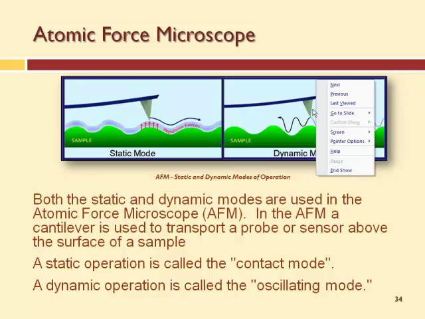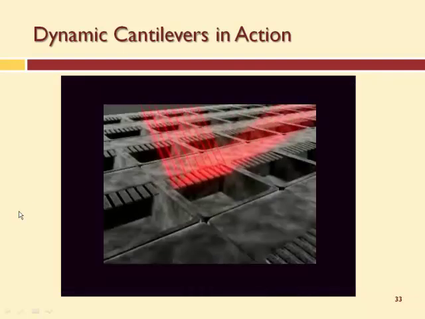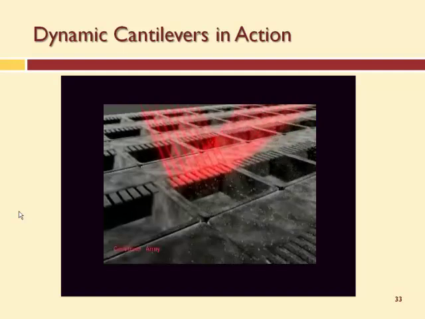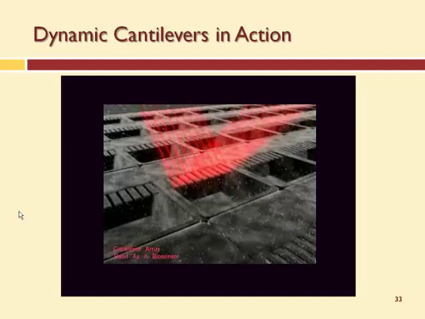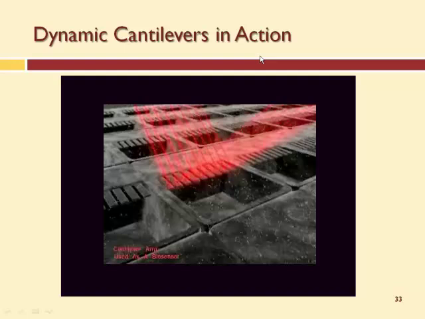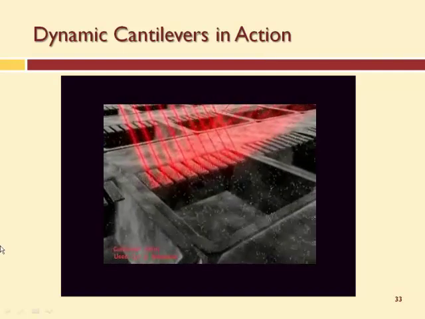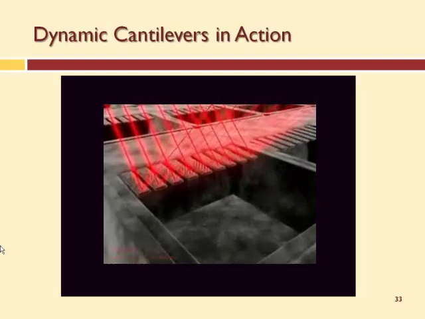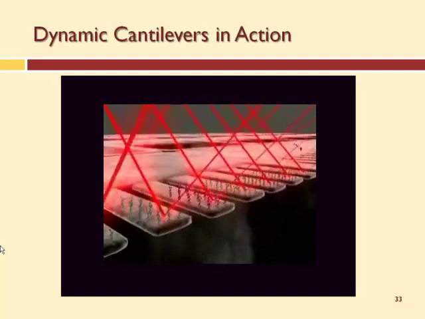The incoming side stays the same, and the reflected beam goes back and forth. These don't move as much, but you look at the beams coming off of it, and the resonance or the frequency of the beam hitting the position-sensitive device changes, and you know you've detected something stuck to one of the cantilevers.